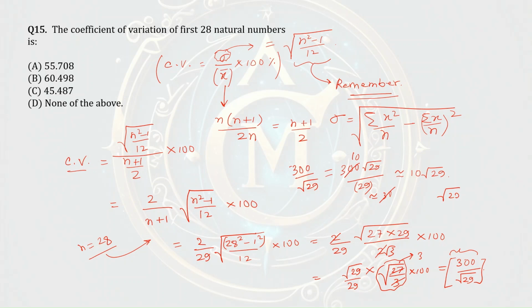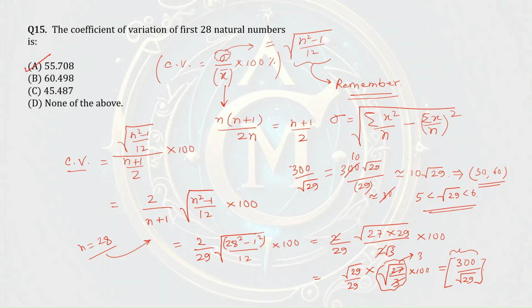Now root 29 lies between 5 and 6 because root over 25 is 5 and root over 36 is 6. So this expression should belong to the open interval 50 to 60. Now there is only one option corresponding to this interval, so we take this as the correct option.